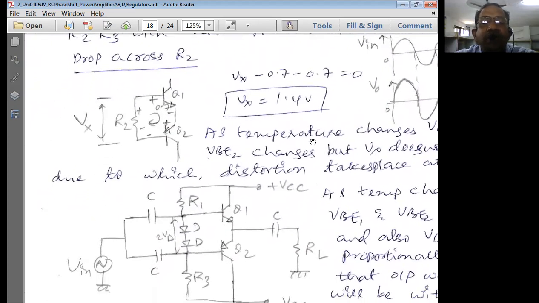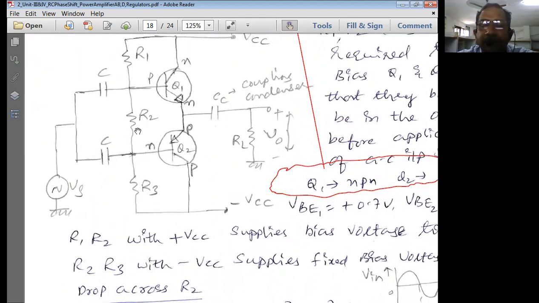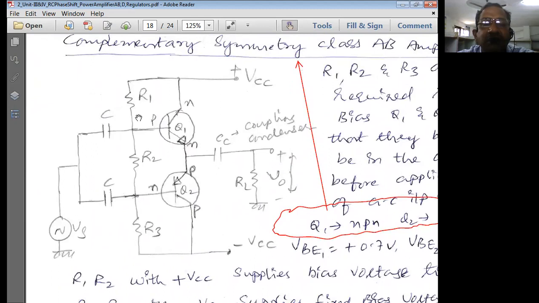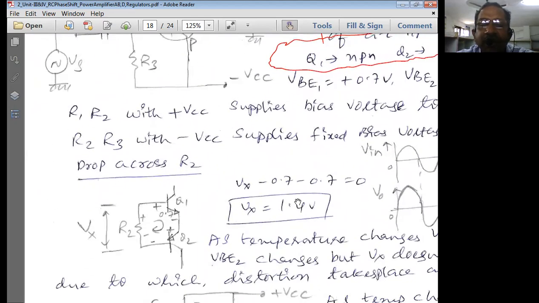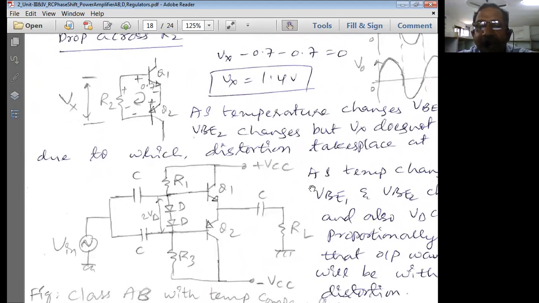What is the problem with this circuit? The problem is that there is no temperature compensation here. As the temperature changes, the VBE voltage changes. But the drop across the resistor won't change. Because of that, the Q point position is also going to change, which is undesirable for us.